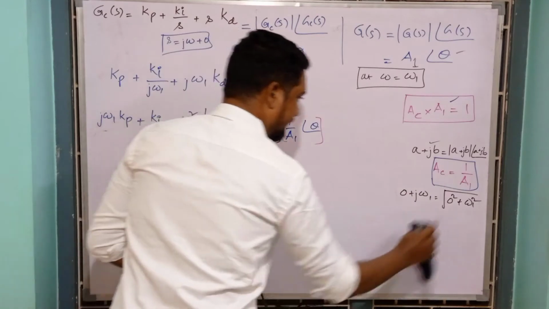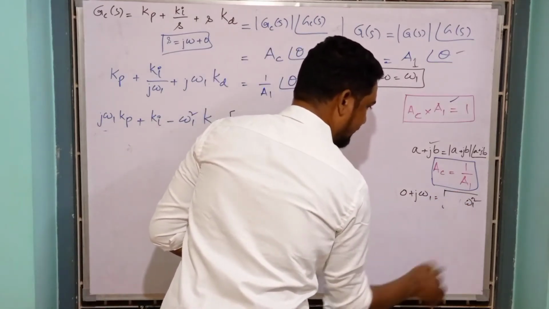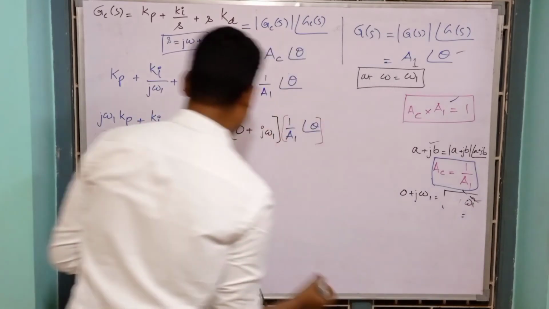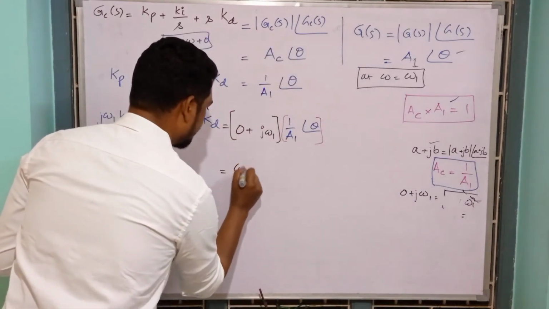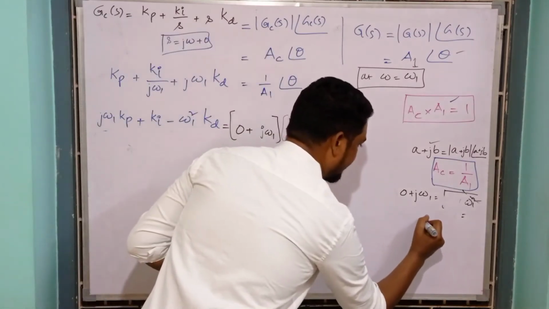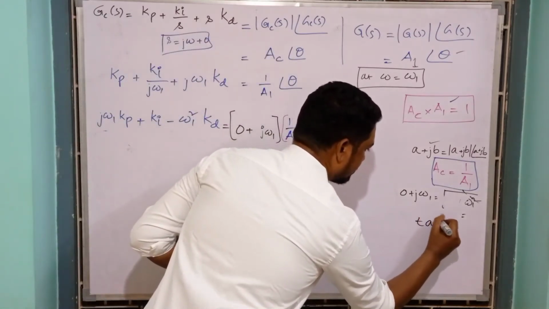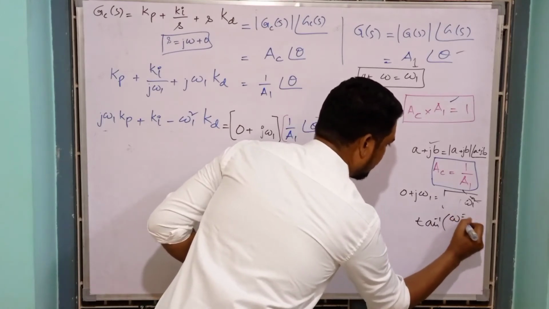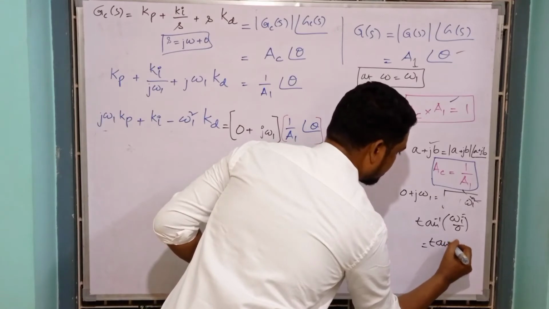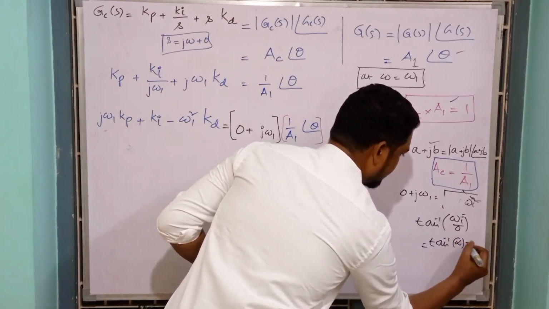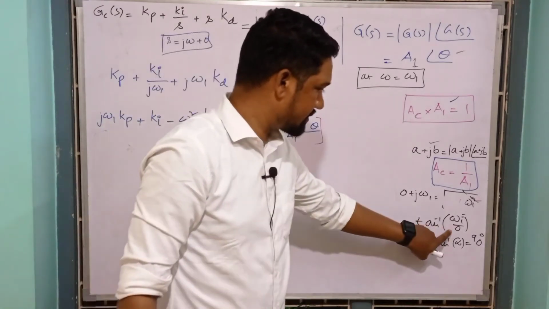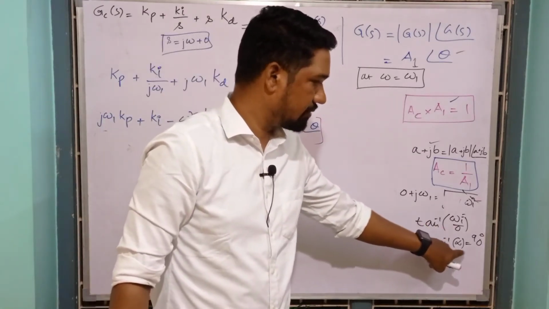Now 0 is invalid, so magnitude will be left with omega 1, right? What about the phase angle? Phase angle will be equal to tan inverse of omega 1 by 0, that will be tan inverse of infinite, which will be equal to 90 degrees. Omega, anything by 0, that's infinite, isn't it? Tan inverse infinite, that will be 90 degrees.